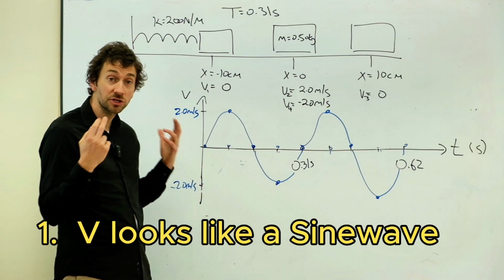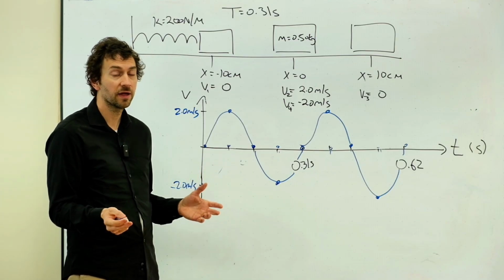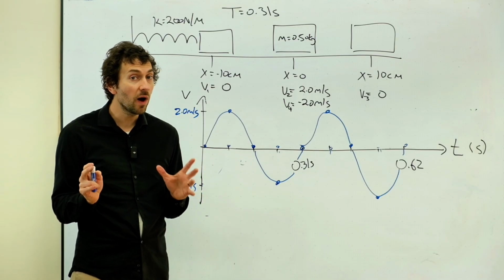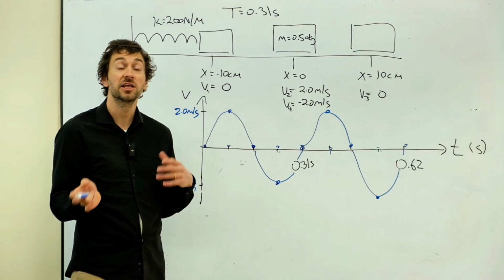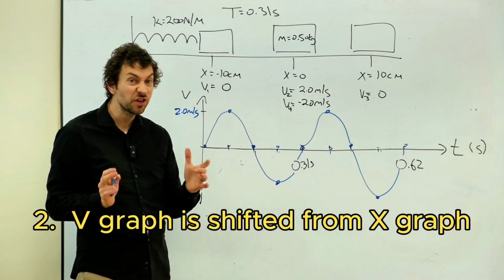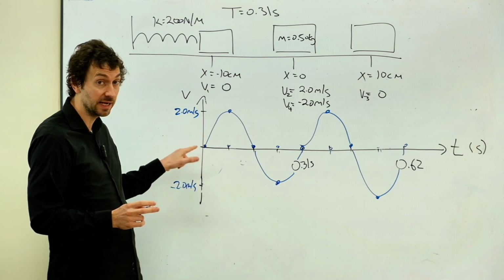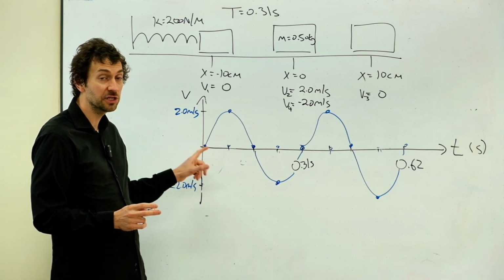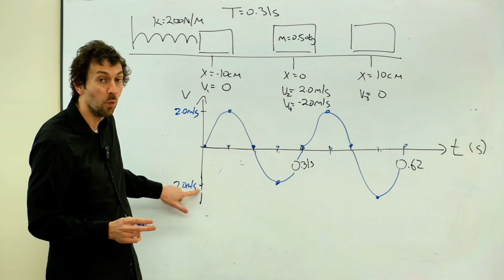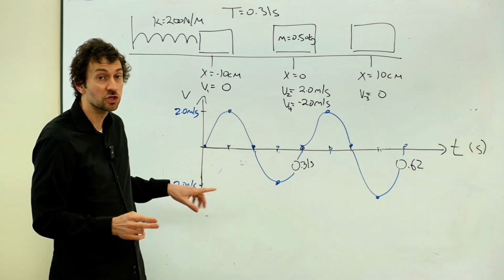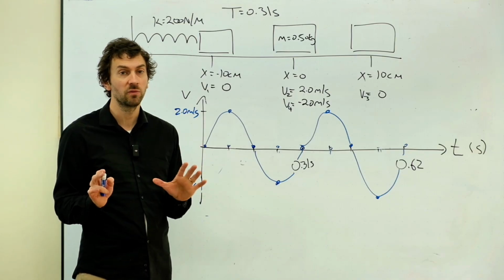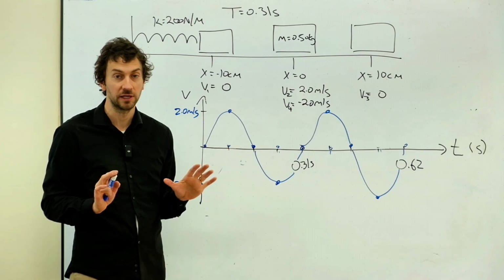Firstly, it looks just like a sine wave, but it's not quite exactly the same as the position graph. It's shifted over a bit. Basically, this one started here, and the position graph started at y was negative. So they're both sine waves, but they're shifted off a little bit.